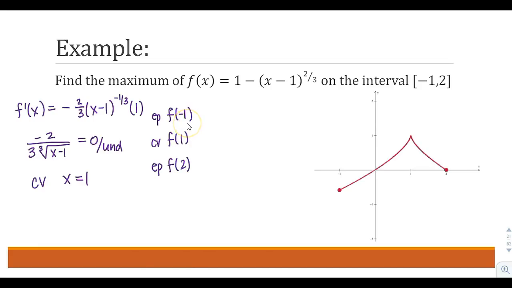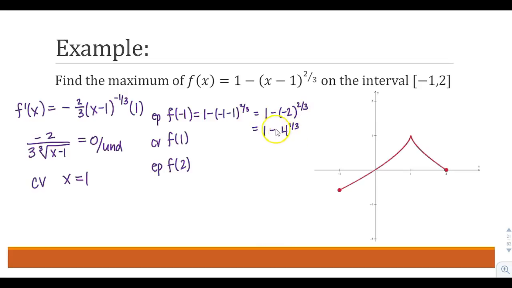So when I substitute in f of negative 1, I get 1 minus negative 1 minus 1 to the 2/3. And that's 1 minus negative 2 to the 2/3. Or I'll write it as 1 minus 4 to the 1/3. So I'm taking negative 2 and squaring it, but I still have this 1/3.